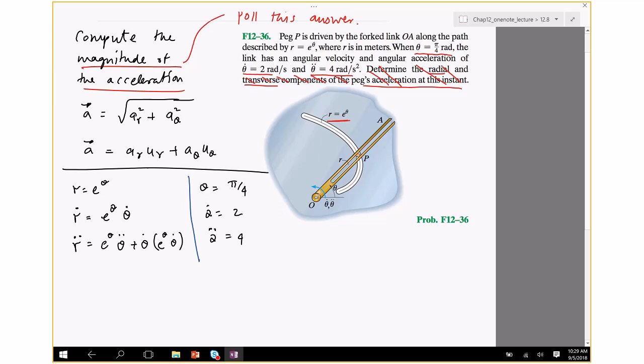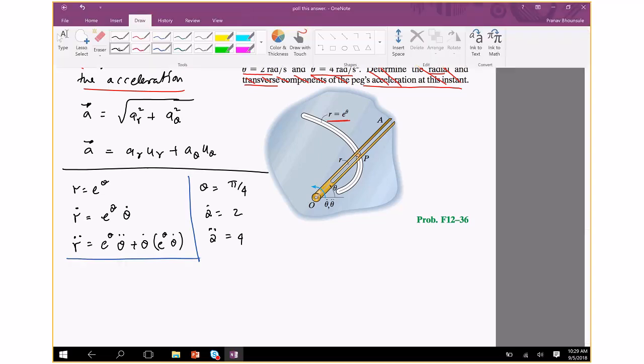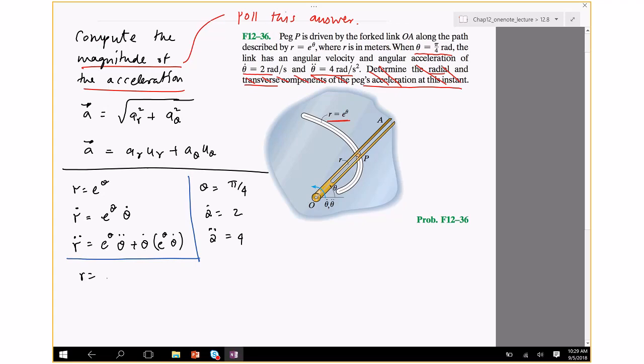Okay, so let's get the numeric values for this. R equals e raised to theta. Theta is pi divided by 4. R is 2.19. R dot is, well, 2.19 because we found that, times theta dot, which is 2.